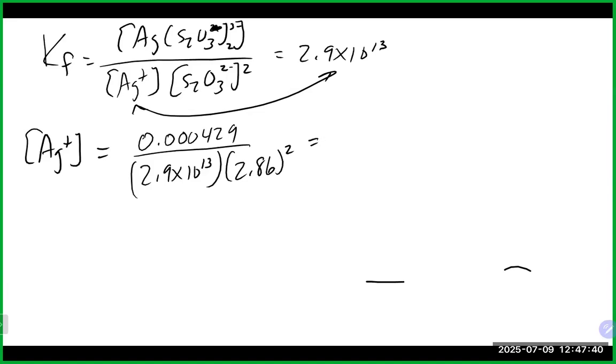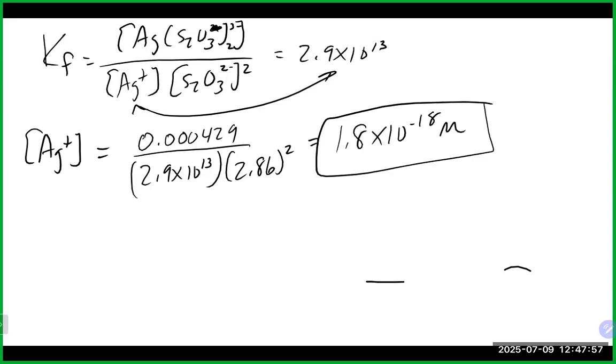If we pop that in there, and we went this approach at the beginning, we should end up with the same value that we got on the other approach. And you can see you get 1.8 times 10 to the minus 18 molar for your silver.